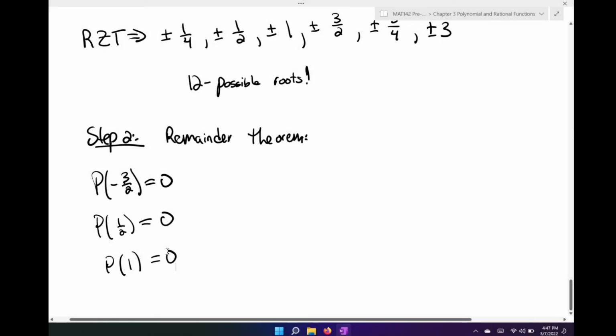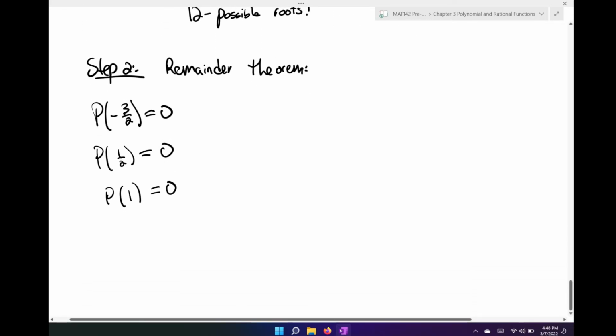I went ahead and wrote them down for us. All right. So step 3 would be that synthetic division. Actually, this is like step 3 and 4. That all deals with synthetic division and multiplicities.